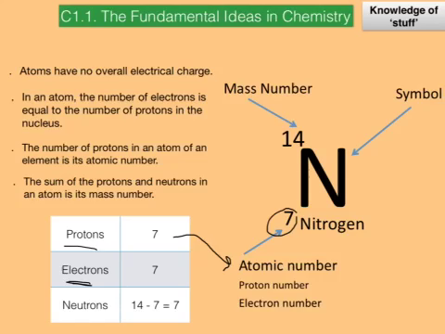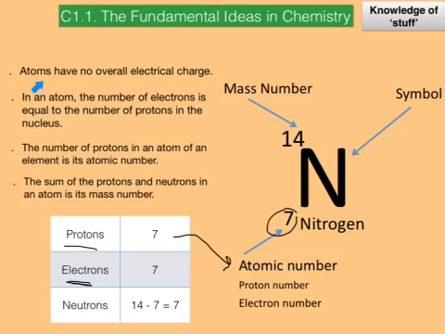And to work out the number of neutrons, you get the mass number, which is the biggest number, and you take the smallest number, or the atomic number, away from it. Now in this case, it's got 7 protons, 7 electrons, and 7 neutrons. They're not always the same. So when you're calculating your number of neutrons, you must do the sum: get your mass number and take away the atomic number.